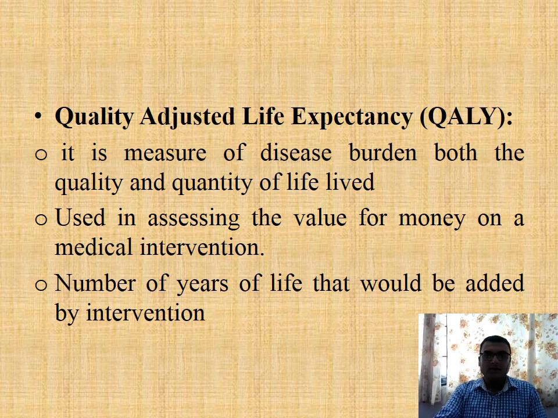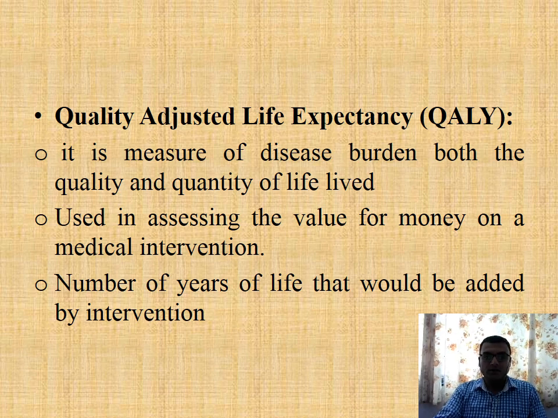The next disability indicator is QALY, the Quality Adjusted Life Year. It is a measure of disease burden, including both the quality and the quantity of life. It is used in assessing the value for money of a medical intervention.